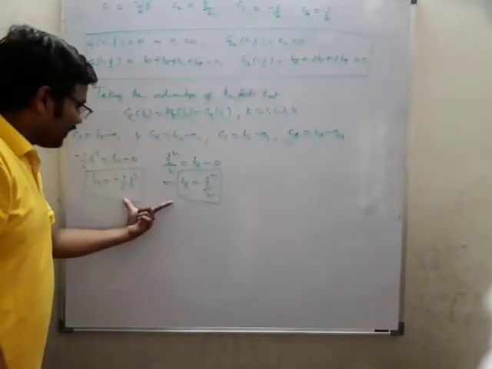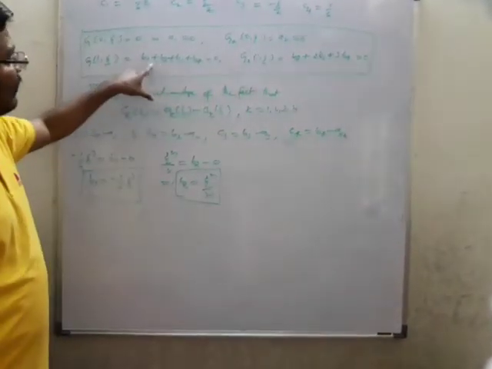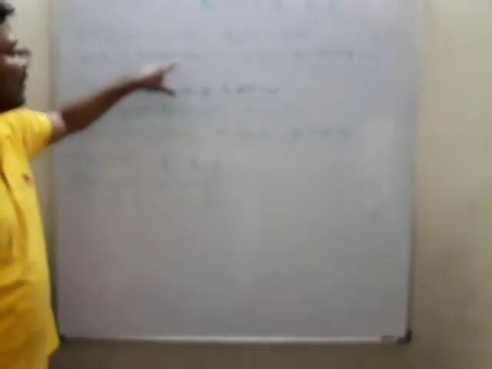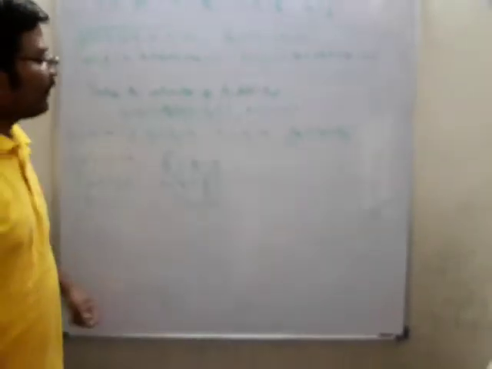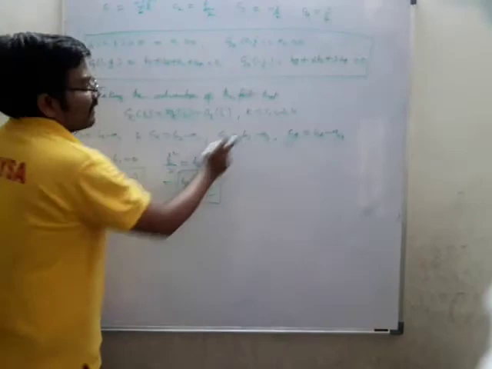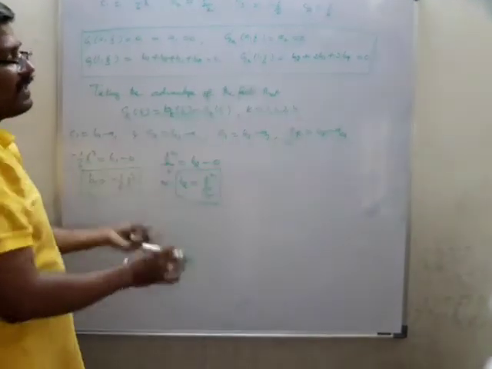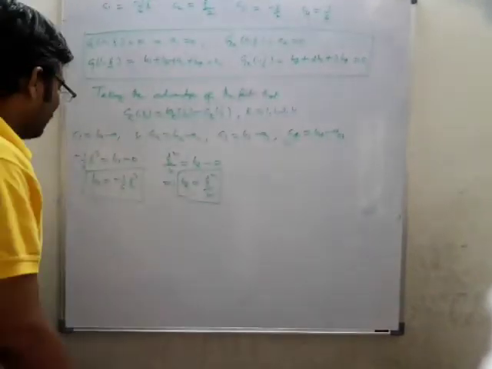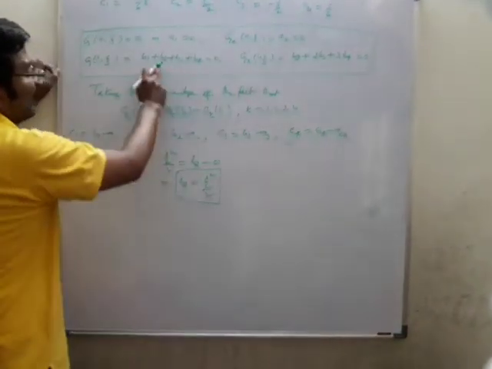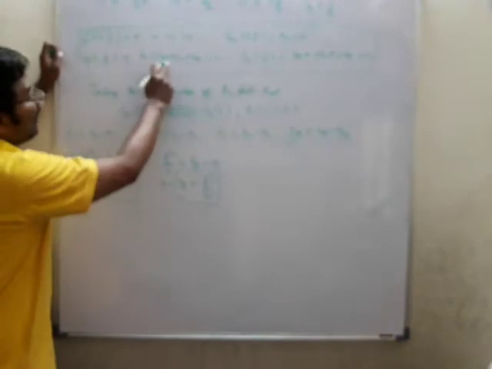So we'll use this B1, B2 in the equation B1 plus B2 plus B3 plus B4 equal to 0. Then B2 also will be applied in the other equation. You will get two equations, and if we simplify those two equations, we will get the B3 and B4 values.